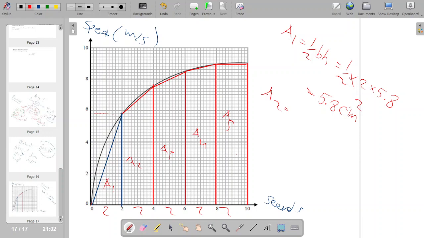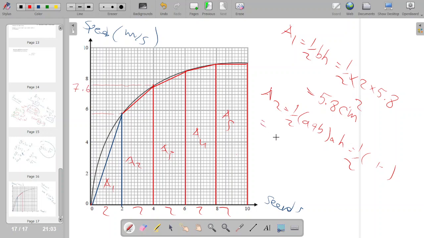Area 2 is going to be an area of a trapezium. It means that you're going to do half of the summation of both, half times (a plus b) multiplied by h. So it's going to be half of the summation of 2 bases. The first base here is going to be 5.8, but for this one it's going to be close to 7.6.